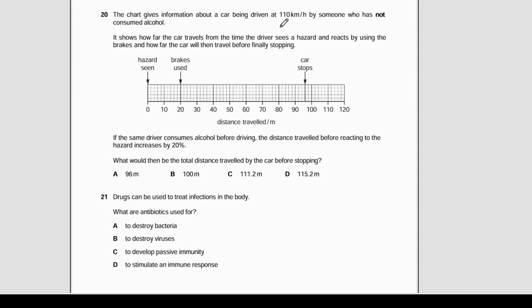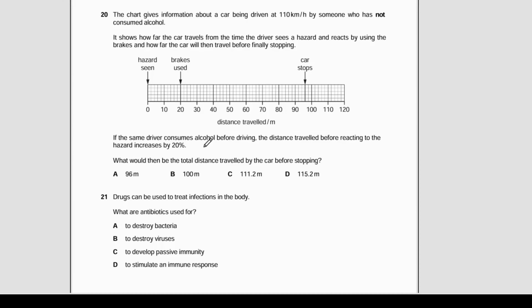No, that can't be the calculation. Just give me a minute and check. Let me check in the key because I don't think so. It would be even 96.